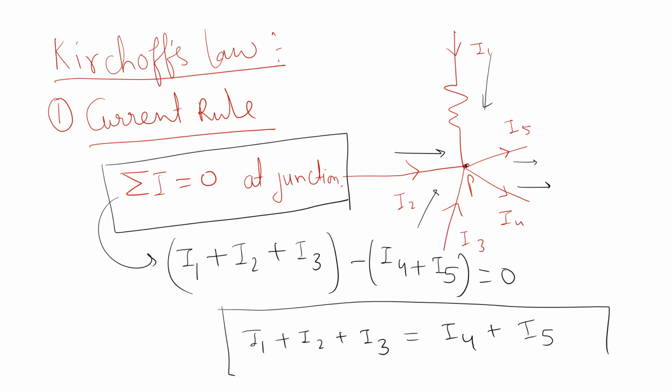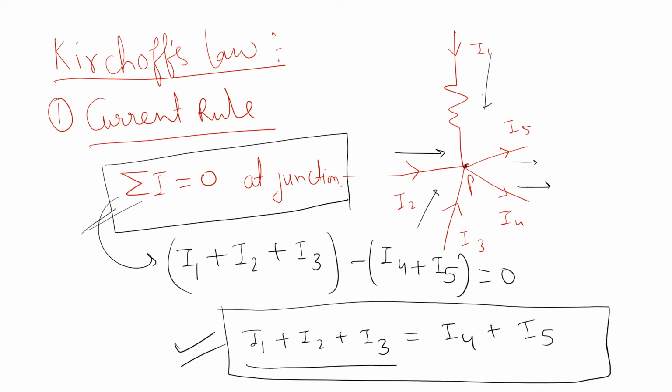This is the simple form of the equation sigma I equals 0. This is the incoming current and this is the outgoing current. Total incoming current equals total outgoing current. This is the first Kirchhoff's rule.